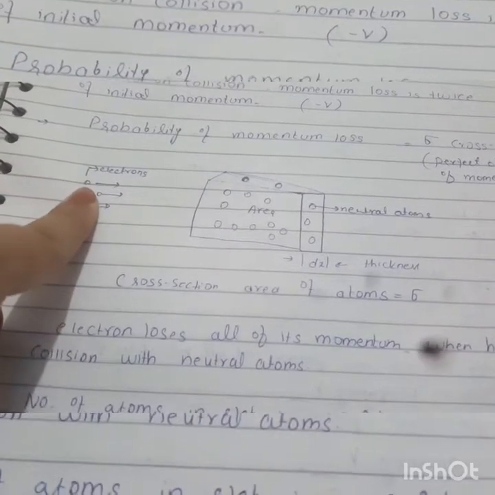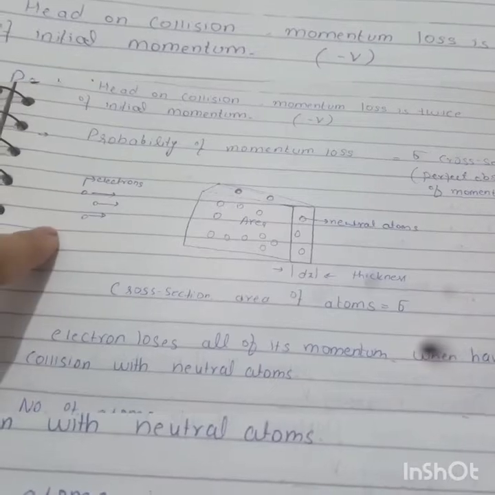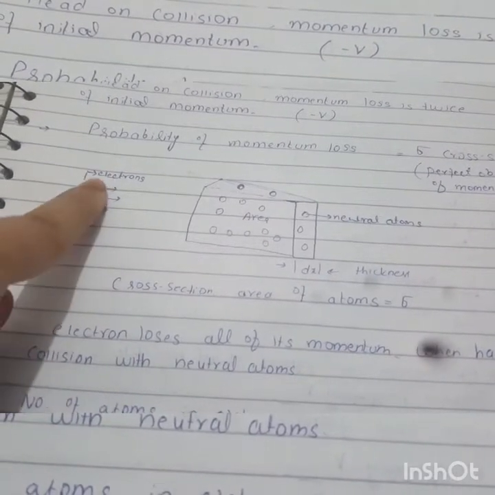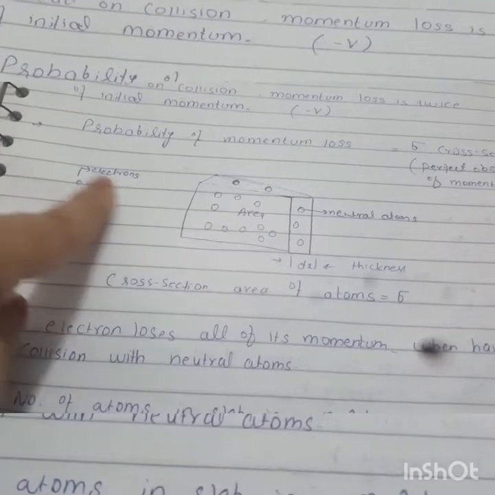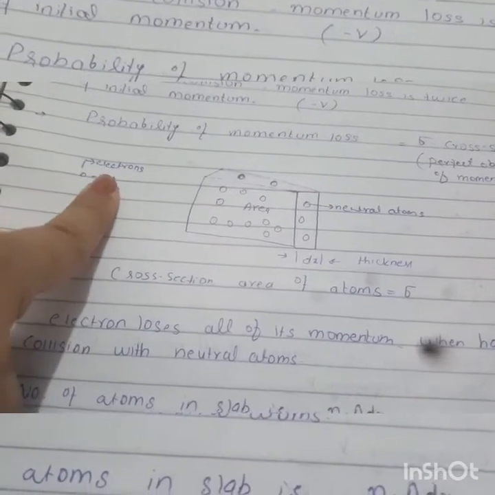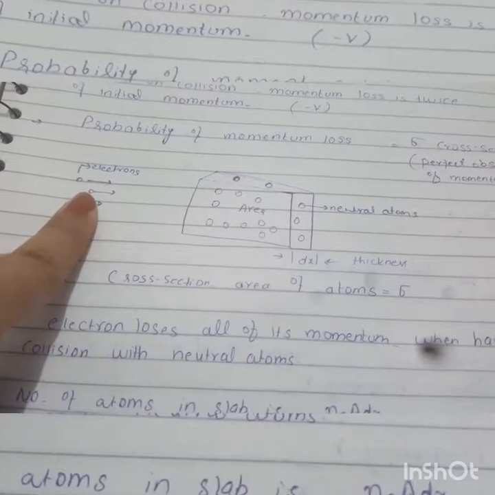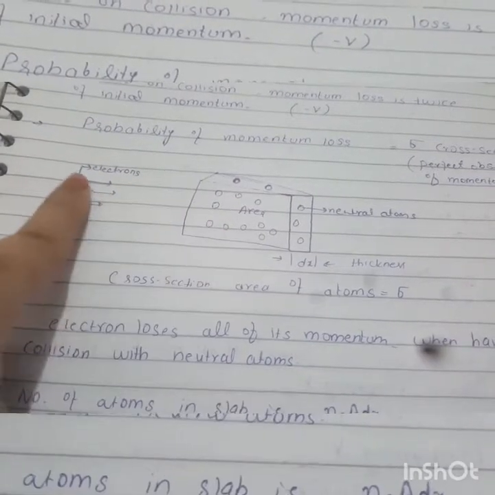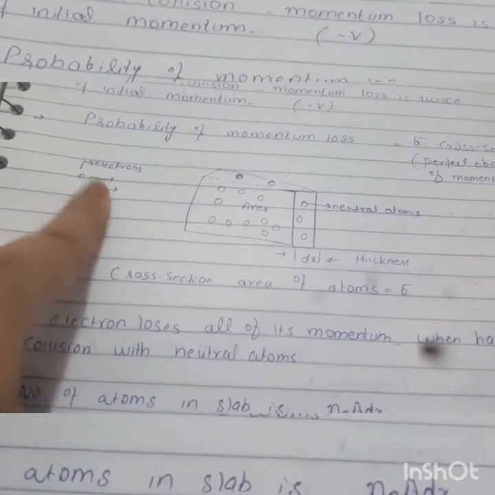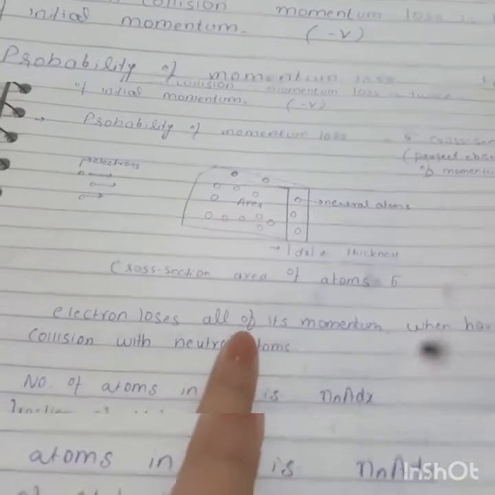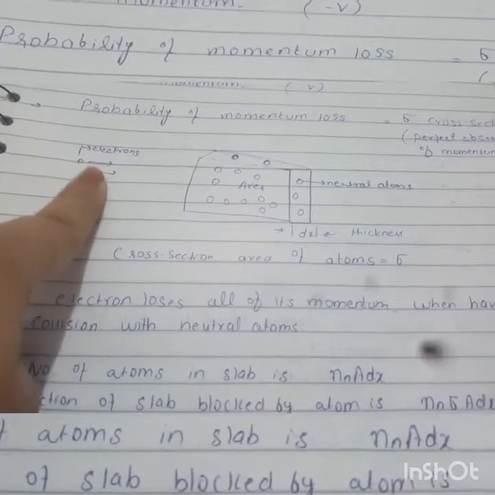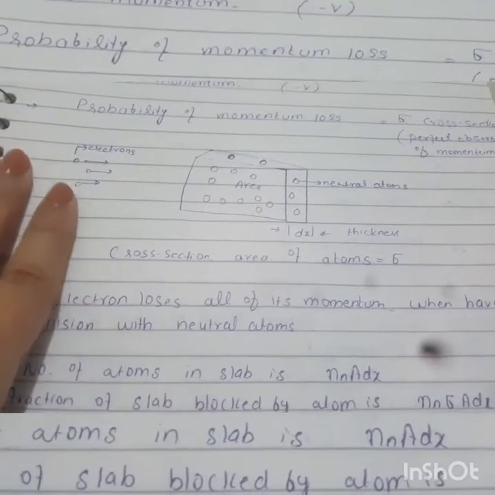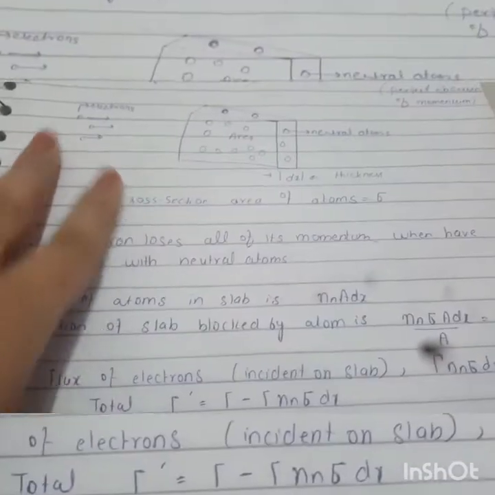When these electrons strike these neutral atoms, their momentum would be completely converted into the momentum of these atoms. The electron now has no momentum, only the atoms have momentum. So their momentum would be shifted to the atoms, and the electron would remain momentumless after collision.